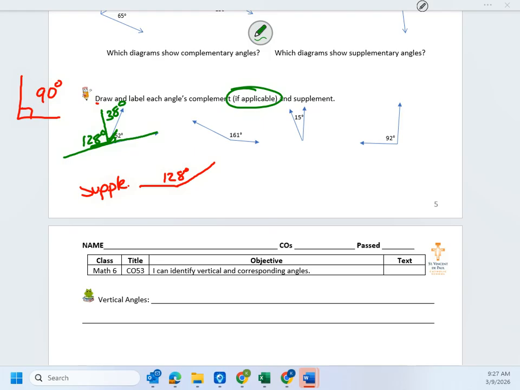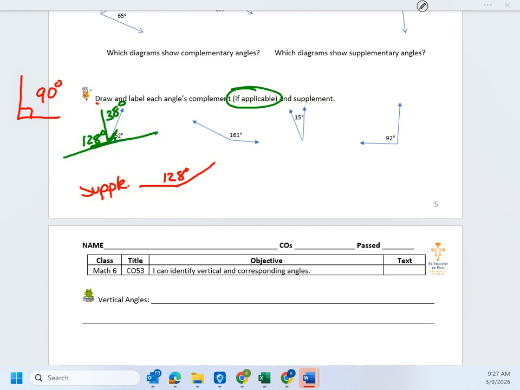Okay? So you are doing this page on your own. I helped us with the drawing. Make sure you draw and label on the test. If you don't label your measurement, or if you show an obtuse angle and you claim it's only 38 degrees, I'm going to mark it wrong. You have to know 38 degrees is acute and it's small.